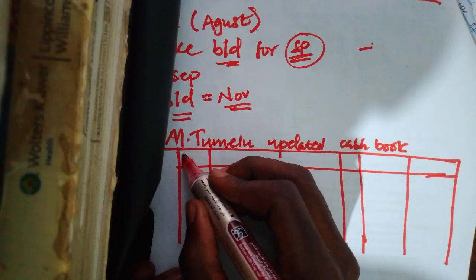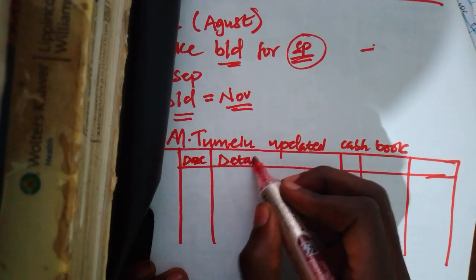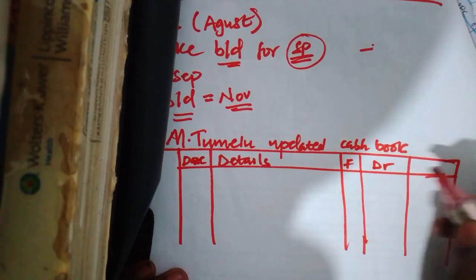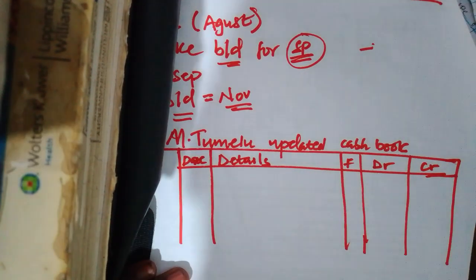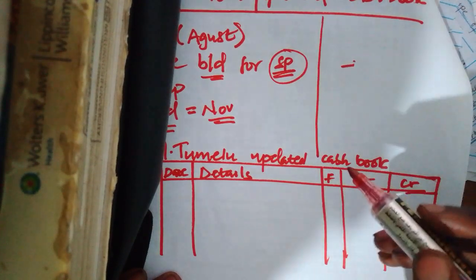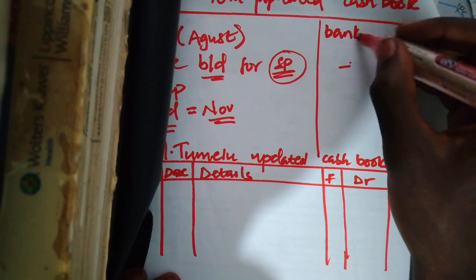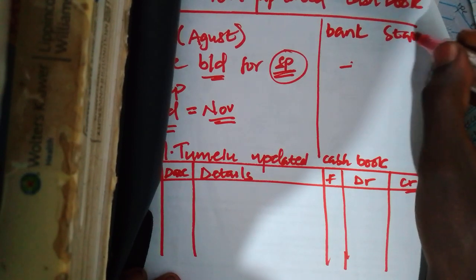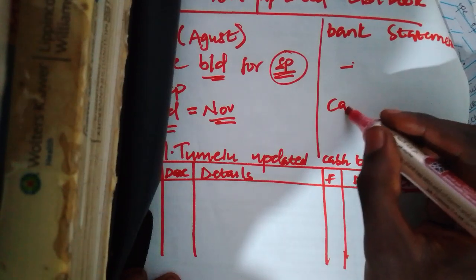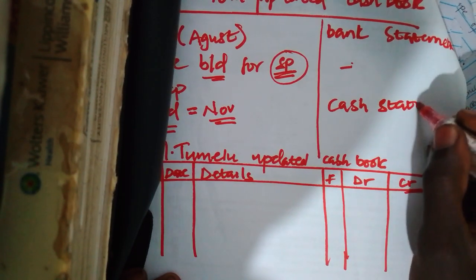So you have date, you have details, then you have folio, then you have debit, then you have also credit. So another important point you have to note is the bank statement and the cash book have some differences.